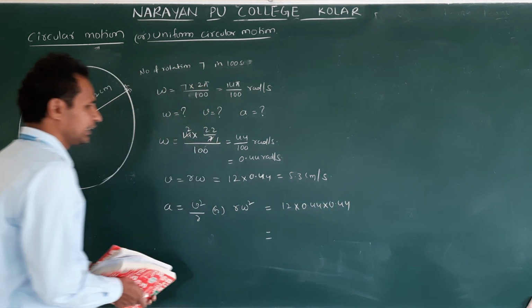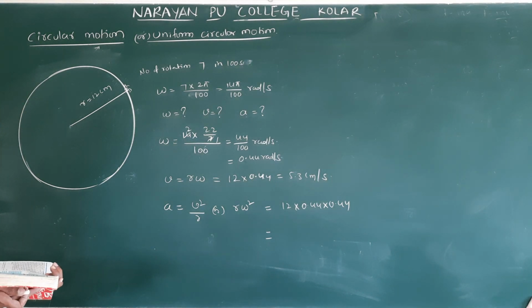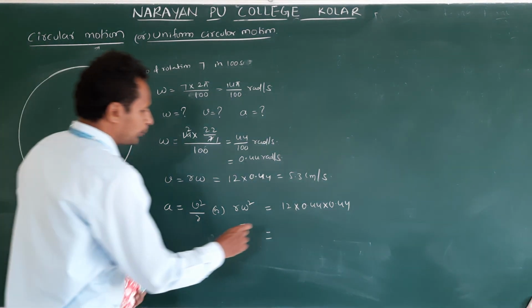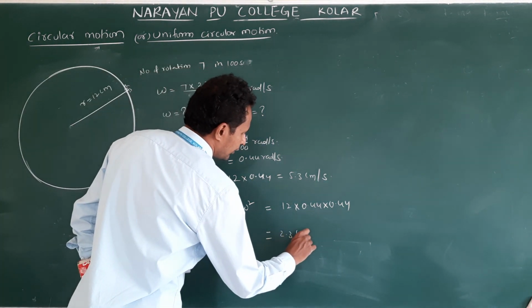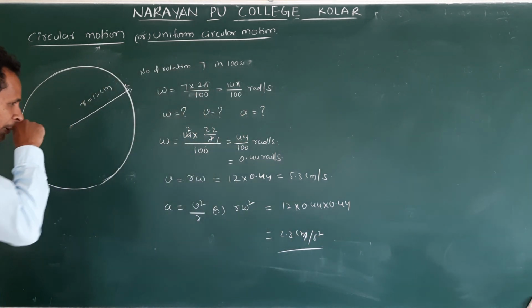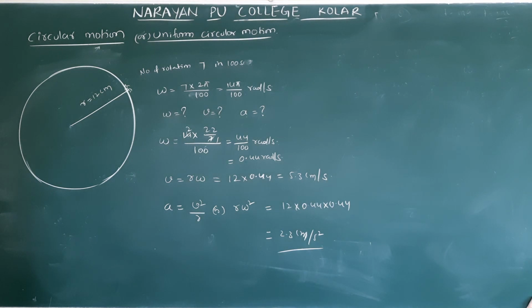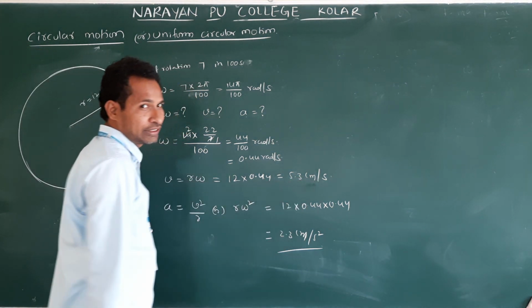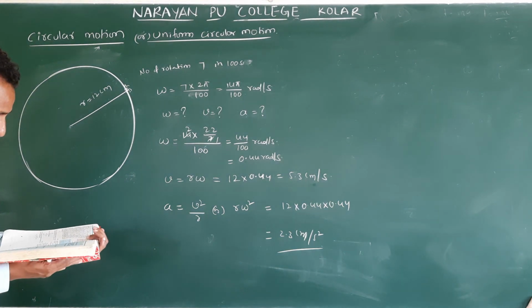Then you will get the answer, 2.3 centimeter per second square. In this problem they gave answers in centimeter per second square. Actually we need to do it in meter per second, so if you read the textbook, my solution and the textbook answer will differ. I gave the textbook solution only, without changing the units. It is a very important question.